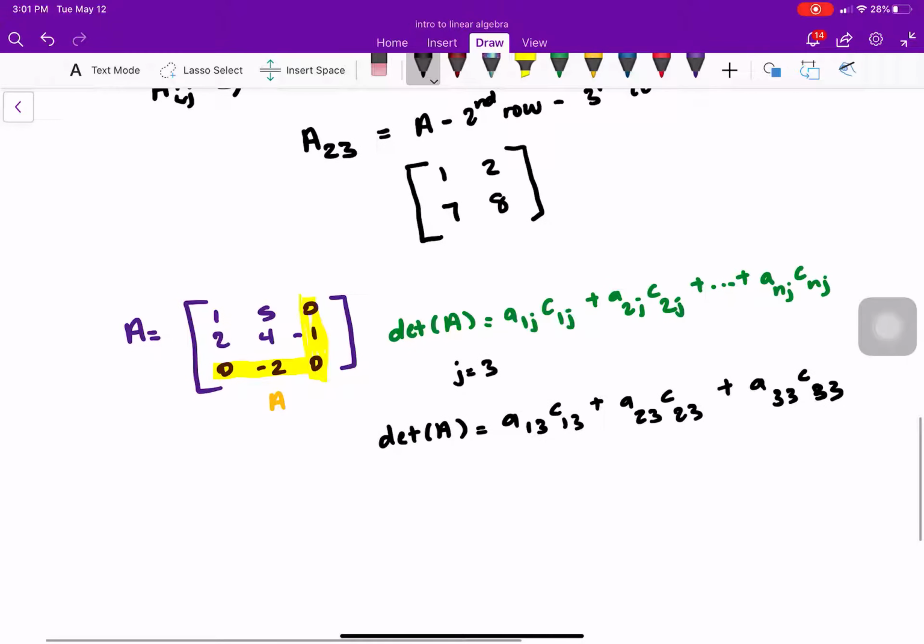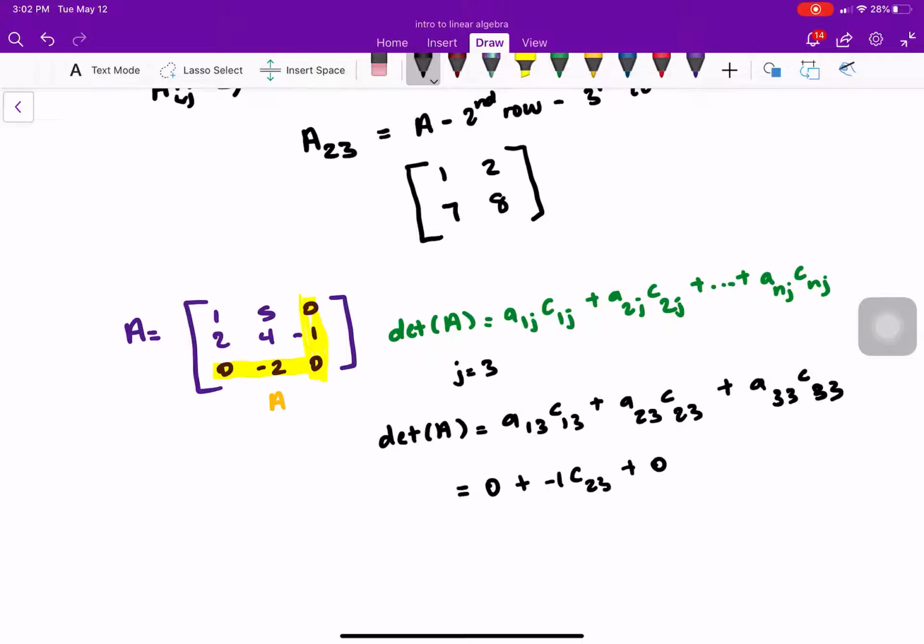Now, let's fill in the formula with these elements. What is the element in the first row, third column? First row, third column is 0. The second row, third column is negative 1, C2,3. And the third row, third column is 0.